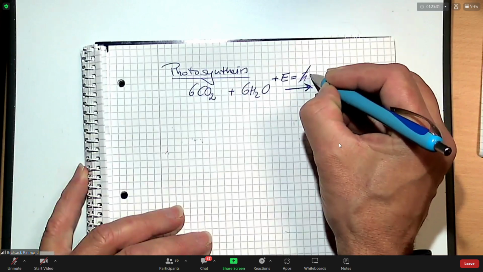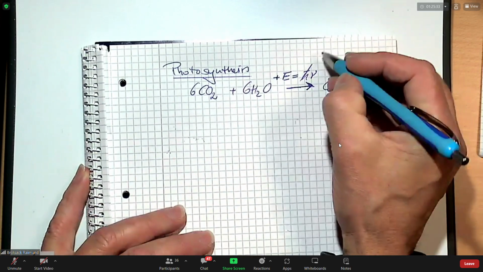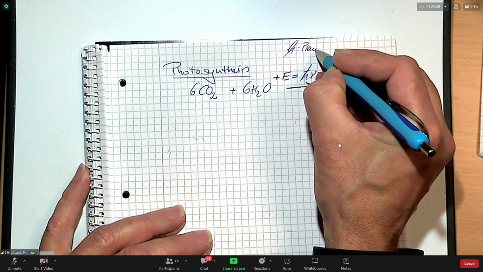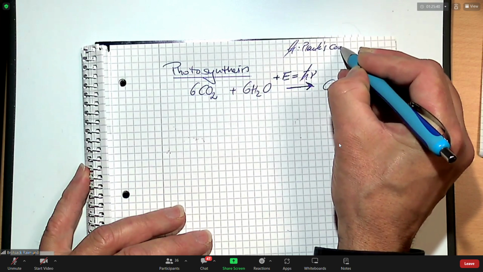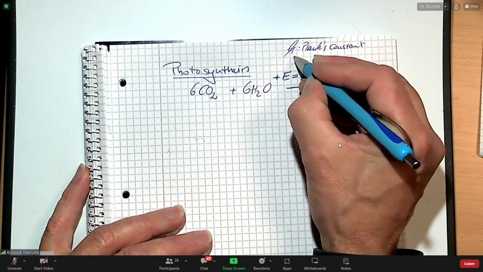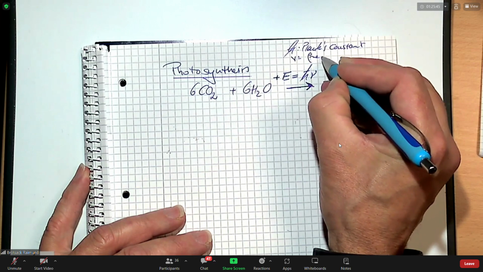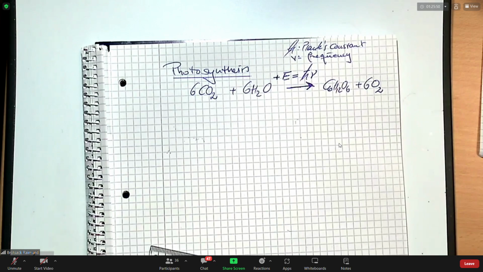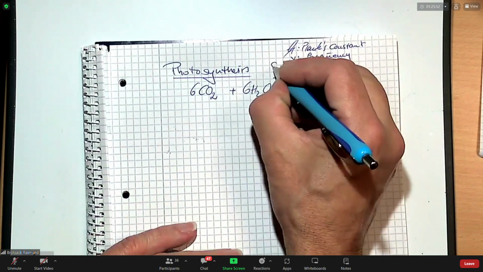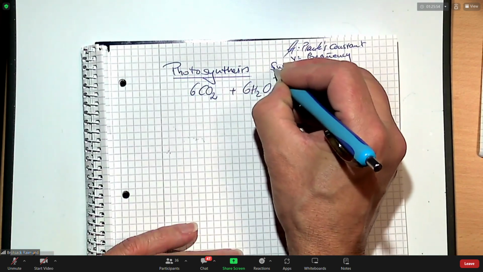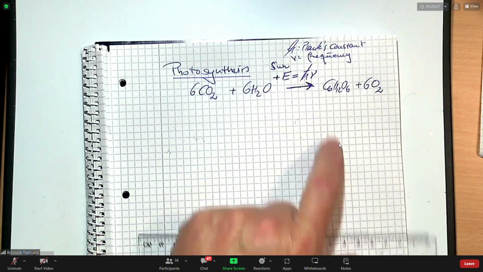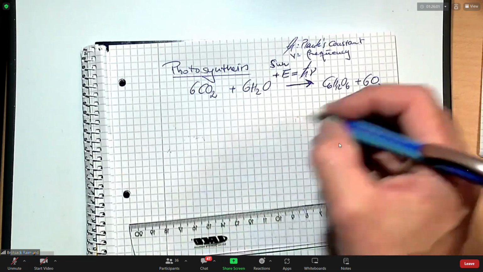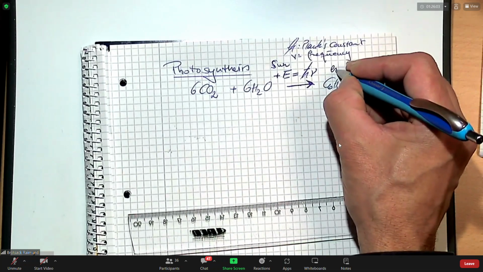E equals h times nu, where h is Planck's constant and nu is the frequency. So where is it coming from? From the sun. The sun invests energy to create these molecules. So from the left to the right, it is endothermal.